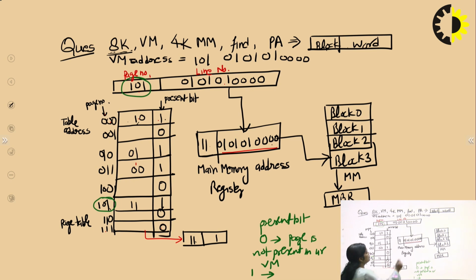So the main memory address register has, you can say, the block and word. This line number is converted into the word bit. There is no change, there is no manipulation at all. Directly you have to copy and paste this number here. This is the word bit.